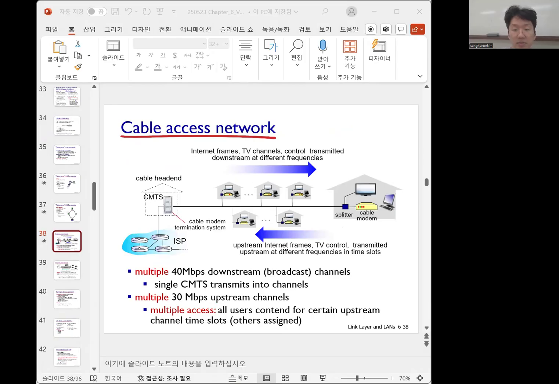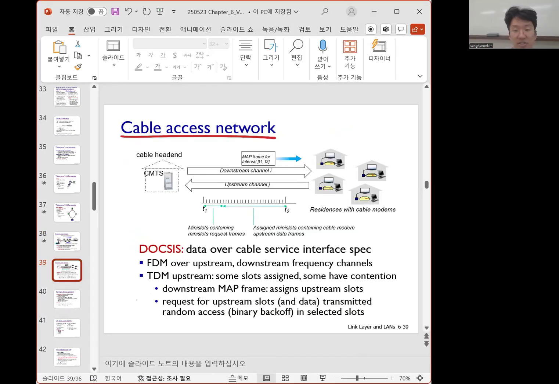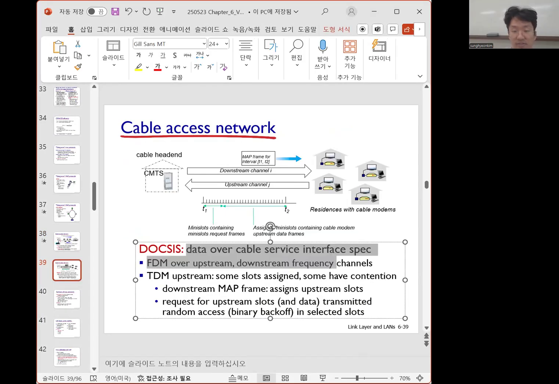It's about DOCSIS, which is data over cable, the cable access network, cable service interface specification.